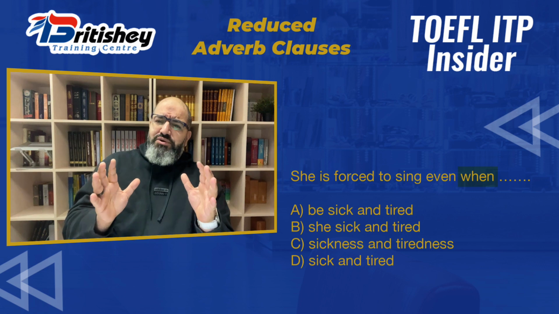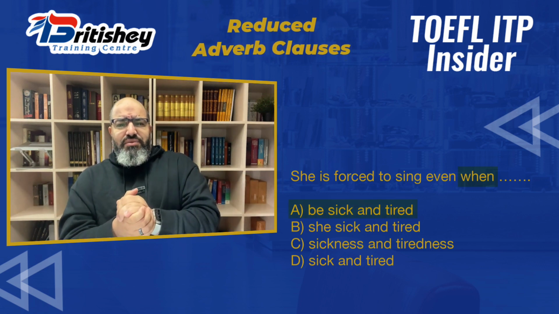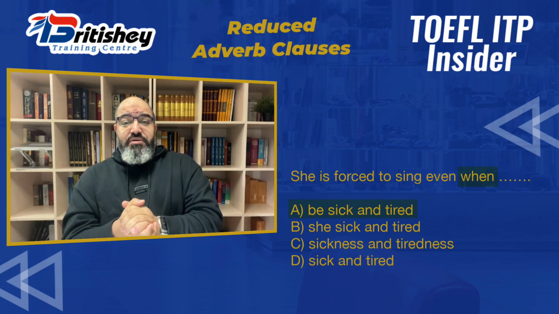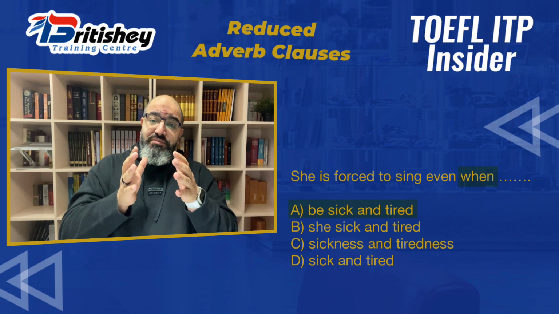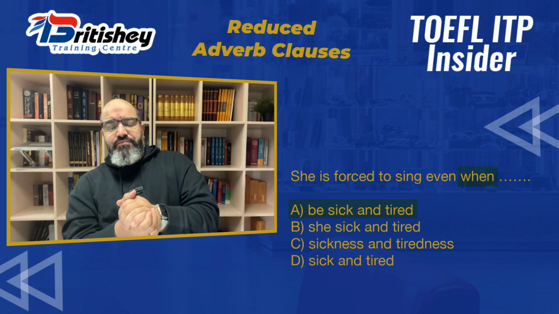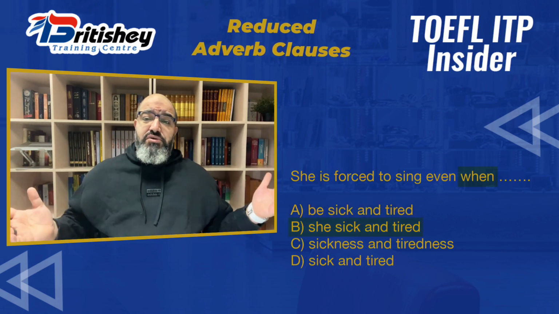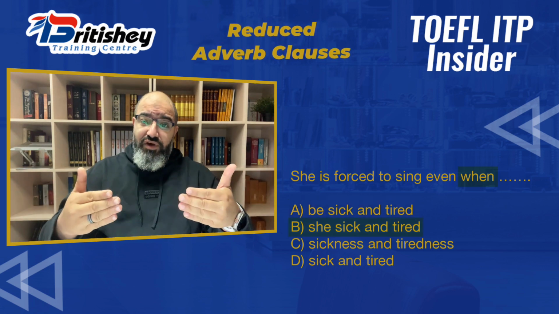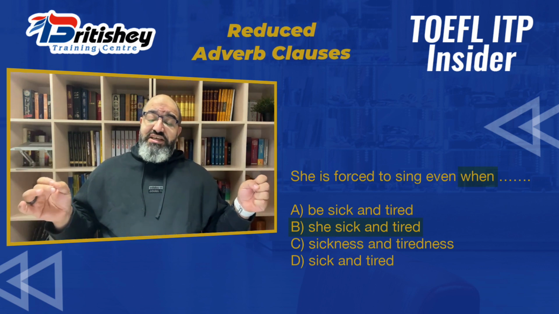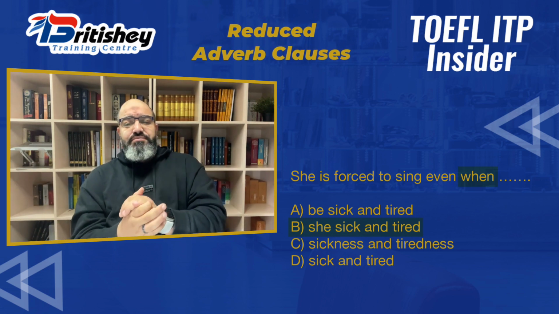When we think about answer A, we see that it is not complete and there is no subject, and it's not reduced as well, because in reduced clauses, verb to be is dropped. So A is not a good answer. Let's go to B. And again, this is not a complete clause. There is no verb and it is not reduced as well because the subject she is still there. So B is not a good answer.